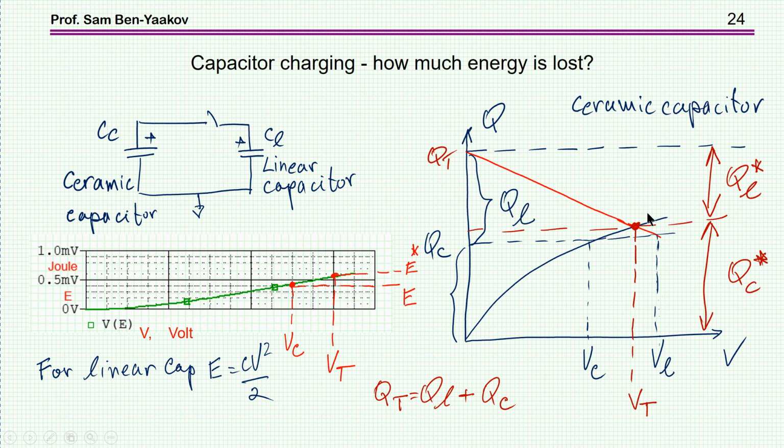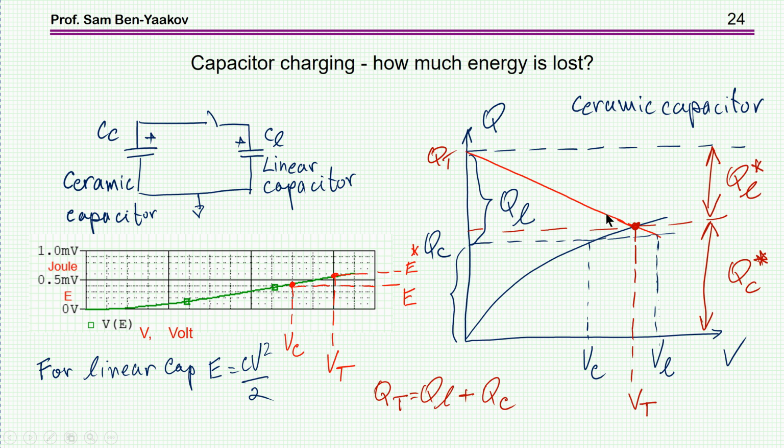The energy of the linear capacitor is, of course, just CV squared over 2. The energy of the nonlinear capacitor, we have to go to this curve of energy as a function of voltage, and this will be the energy of the nonlinear capacitor that we have started with, this energy here.